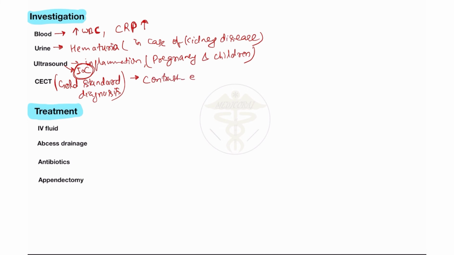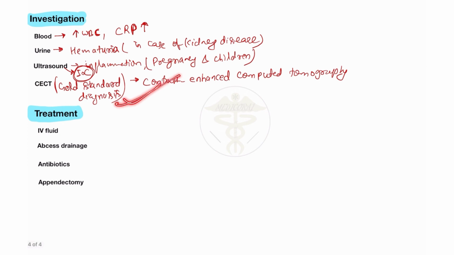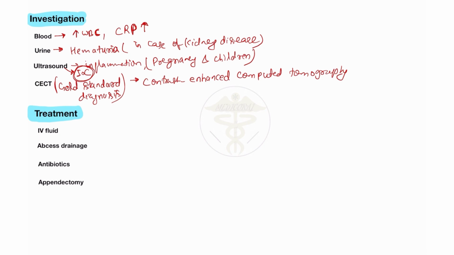Contrast enhanced computed tomography, which means CT scan. In short form you will say CT scan. So contrast enhanced computed tomography is the gold standard diagnosis for a patient of acute appendicitis. But CECT is not done in case of pregnancy and children, because it may harm the patient or child. So we choose ultrasound for pregnancy and children.